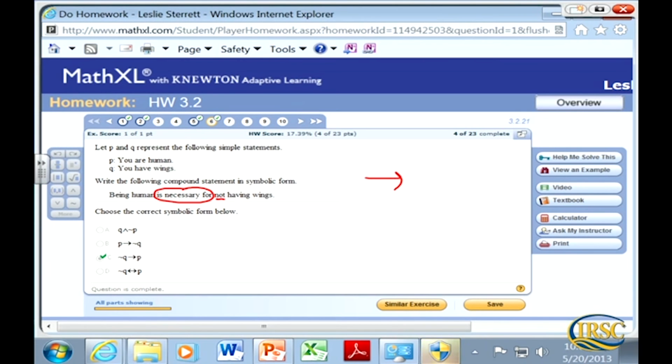But then you have to wonder, okay, so which side of the is necessary for is your if and which side is your then? And that's what you're going to ask yourself. So remember that symbolically, if always has to be written first, but that's not necessarily how it comes in the sentence. So is necessary for is one of the ones that reverses the order. The if comes second, the then comes first.